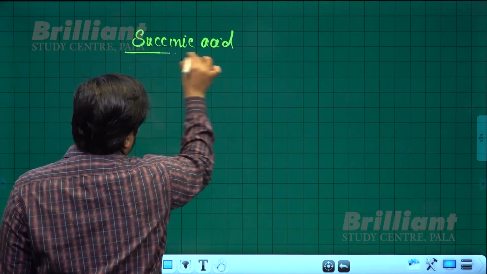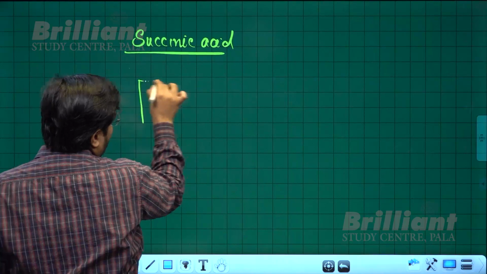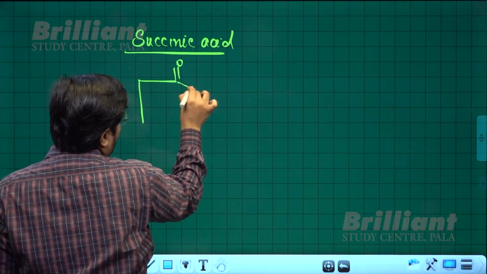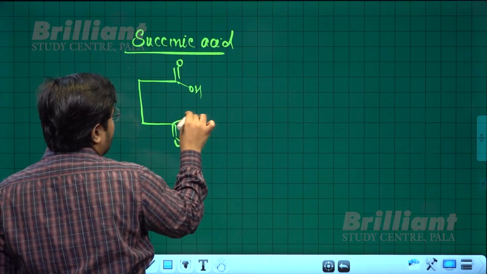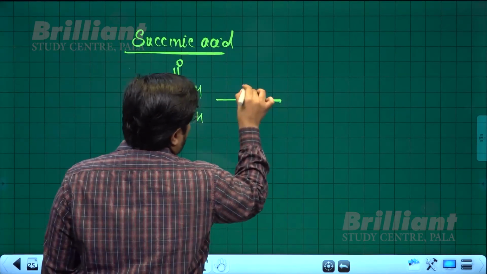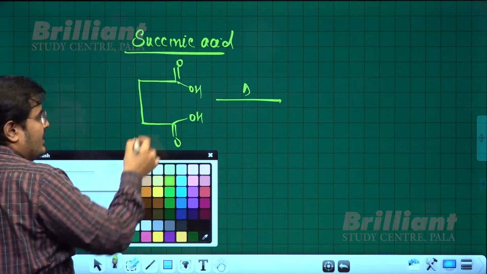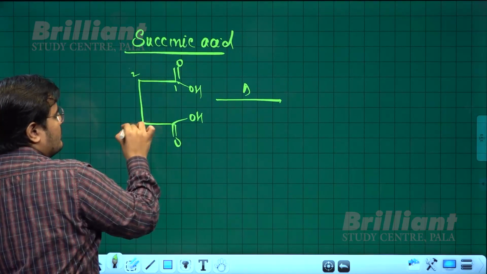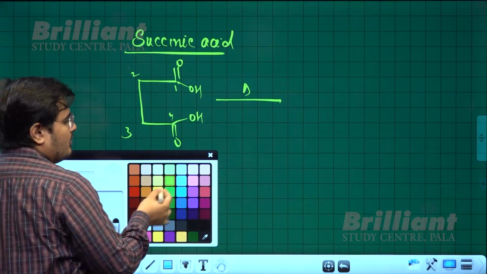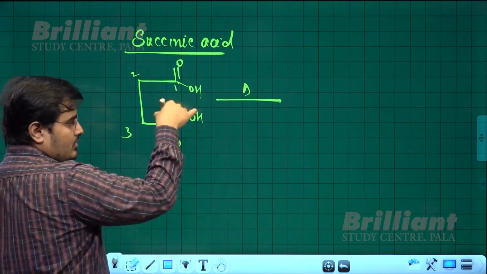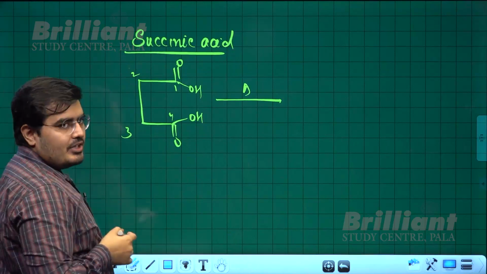In case of succinic acid, you have COOH and you have COOH. In this case, numbering 1, 2, 3, 4, the two carboxyl groups are separated by 2 carbons.